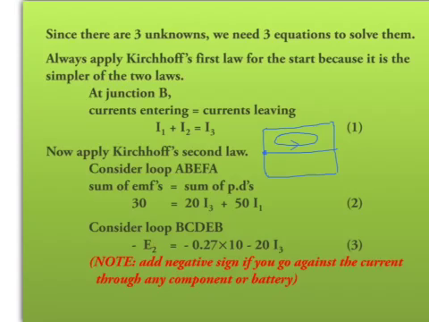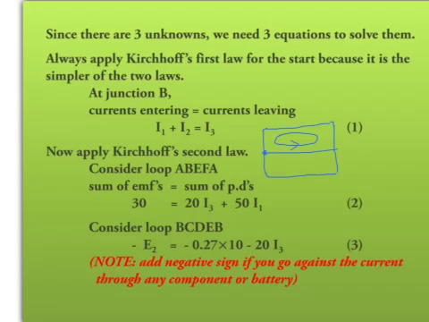So we need to consider another loop. It says here, consider loop B, C, D, E, F. This one here. Once again, you put down EMFs on this side, and the potential differences on the other side. But notice there are three minus signs, which mean that you are going against the conventional current as you go down the loop.